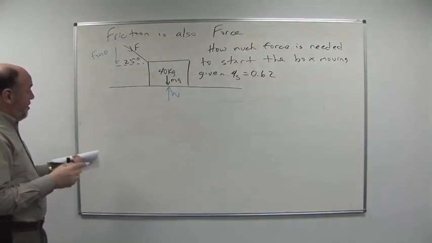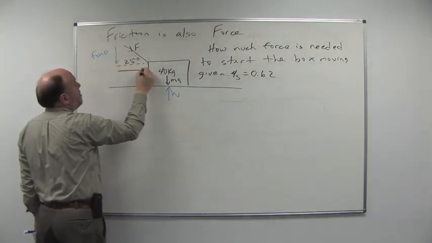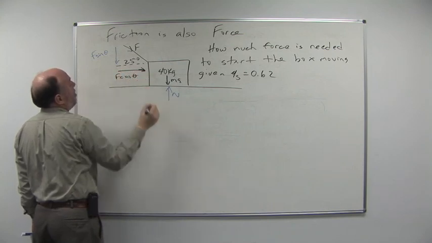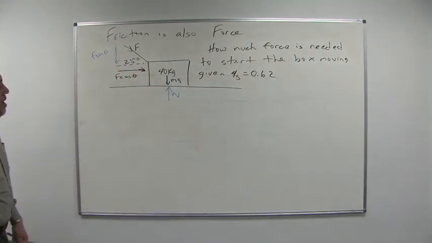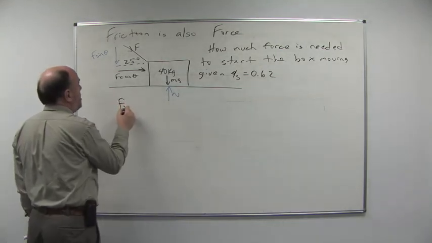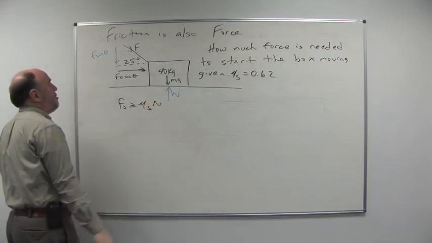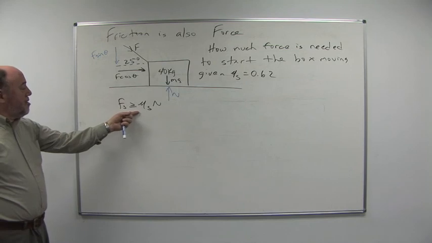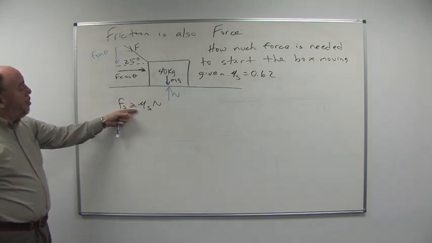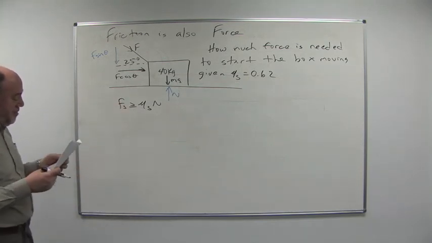But then in terms of getting this box moving, there is this part of the applied force which is in the direction I want, which will be given by that. So we have that F sub s is going to be given by mu sub s times N, which has to be greater than or equal to this, which means basically in order to get an object moving, if I'm at the number it goes nowhere, I basically have to beat that number by just a little bit, then it goes.